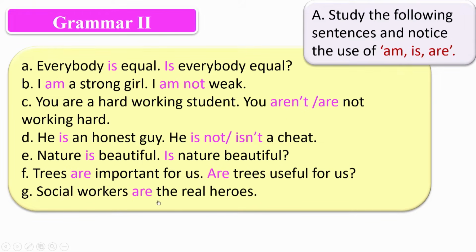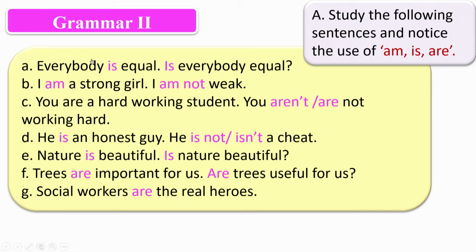Social workers are the real heroes. Okay, you see here all the pink words are called verbs in English, or they are also called auxiliary verbs in English. They may come with another verb, as well as they may come as the main verb or the single verb in a sentence.